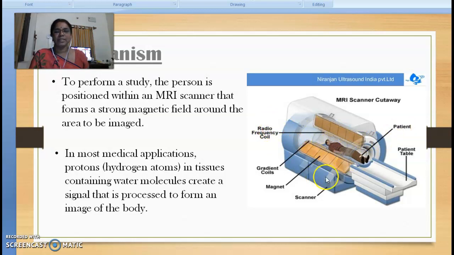To perform this, the person is positioned within an MRI scanner that forms a strong magnetic field around the area to be investigated. In most medical applications, protons, the hydrogen atoms in tissues containing water molecules, create a signal that is processed to form the image of the body.